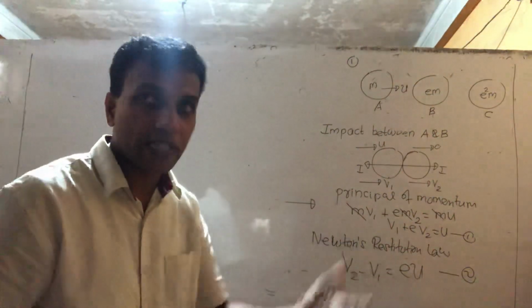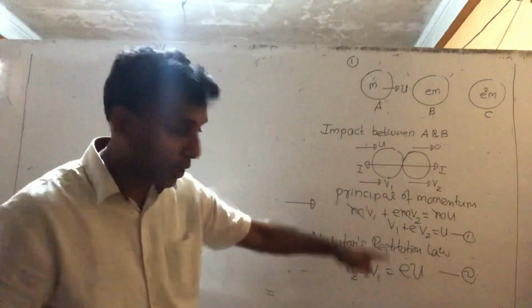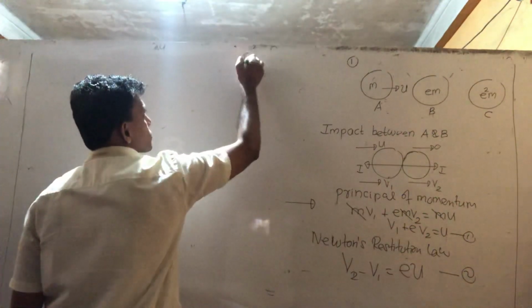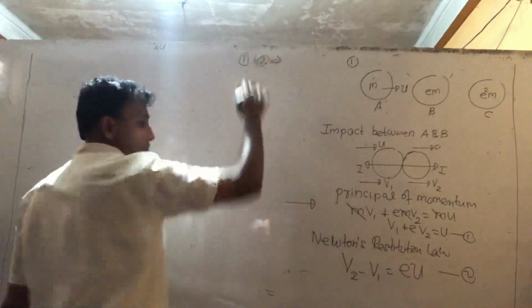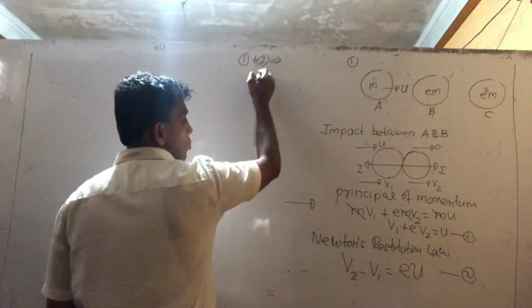Solving is pure mathematics work. Solve this and find v2. If I add the first two equations, v1 cancels and I take v2 out.